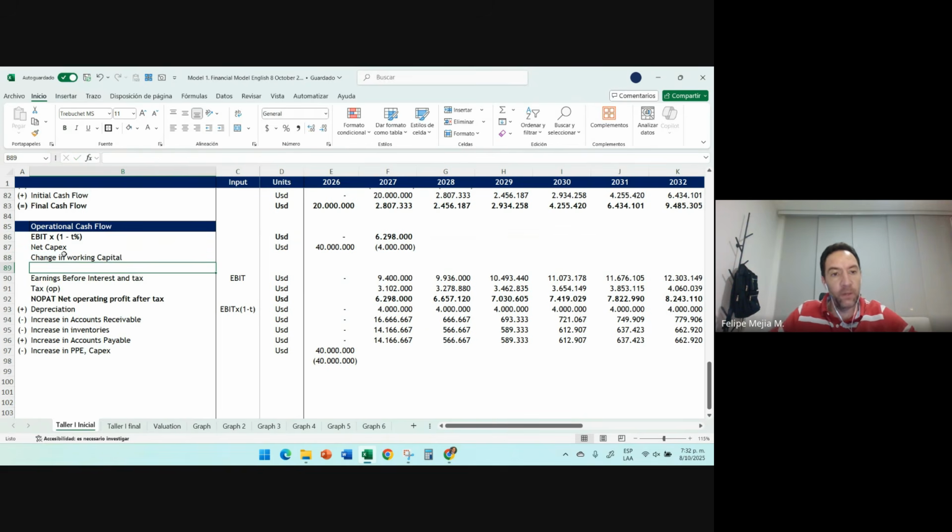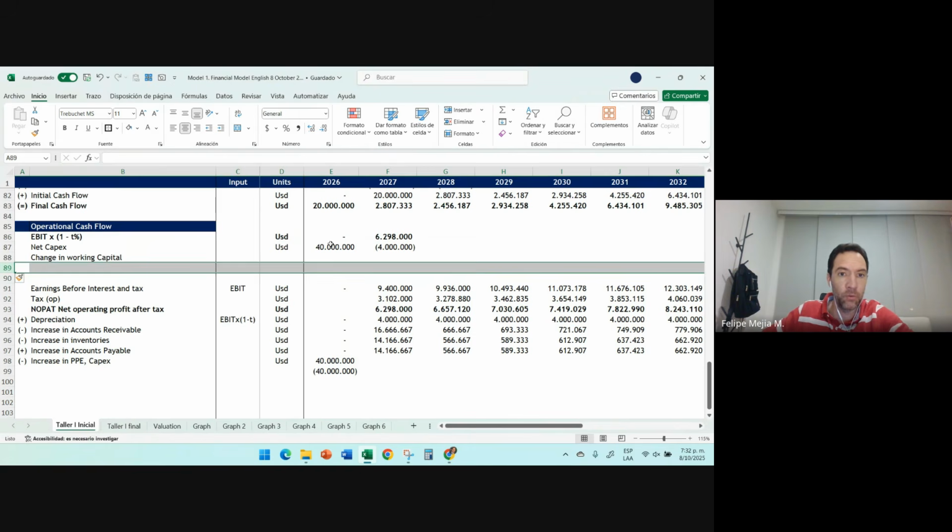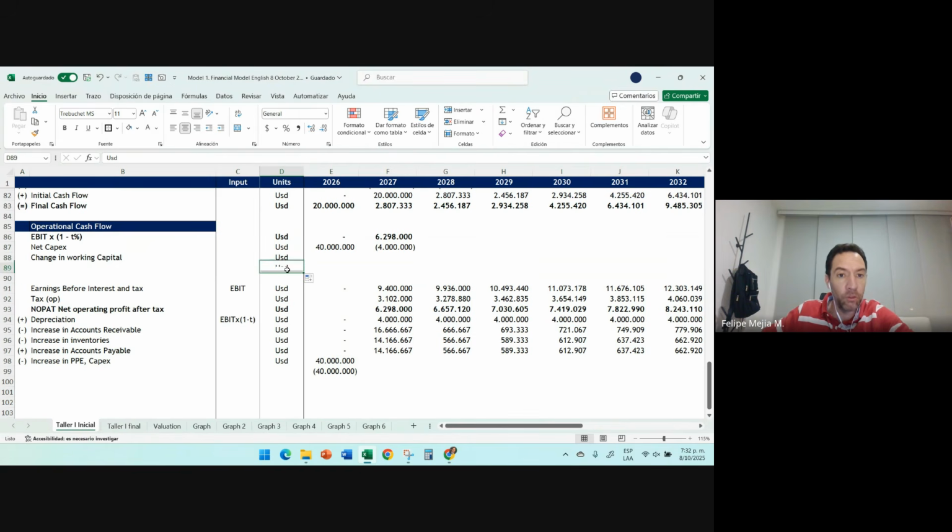So it's different, it's shorter for sure, but the result needs to be the same.